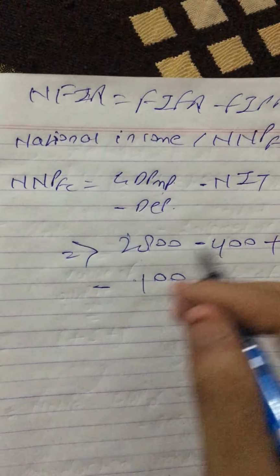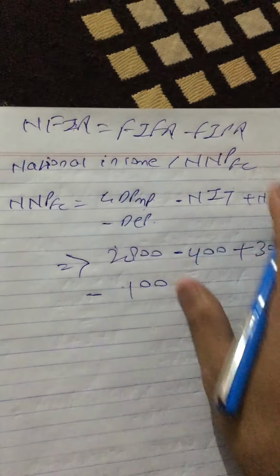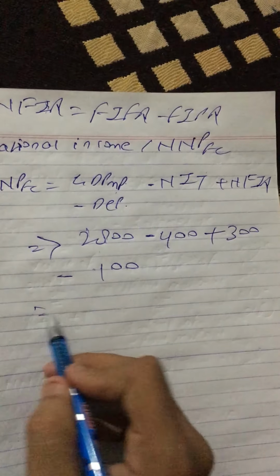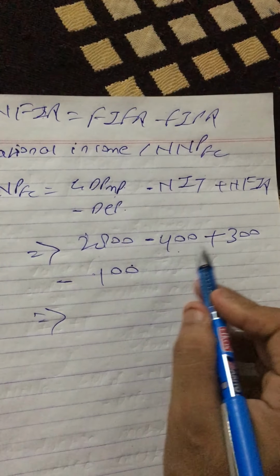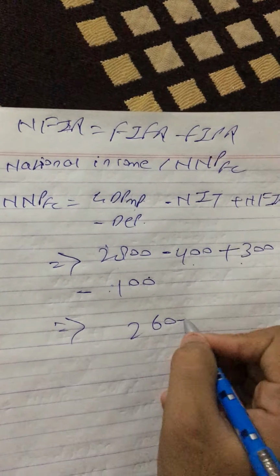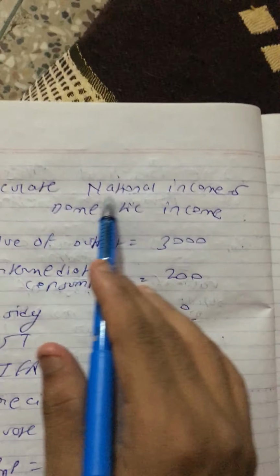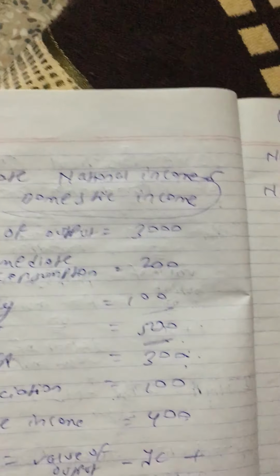First you write down the question and then you will see the solution. So 2800 minus 400 is 2400, 2400 plus 300 is 2700, minus 100 is 2600. And that is NNPFC.